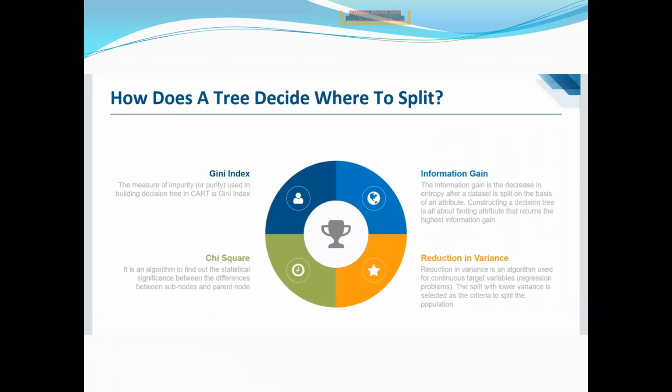This is the approach of how the algorithm works. First I try to take the Gini index. Sorry, I am going to take the information gain. Information gain is the decrease in entropy after a data set is split on the basis of an attribute. Why are we taking information gain?